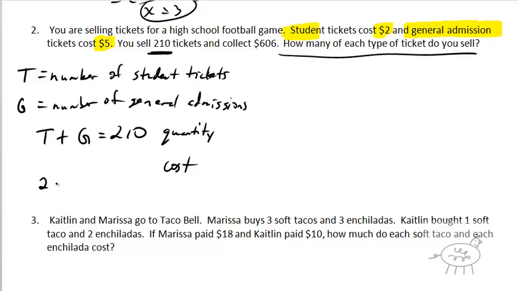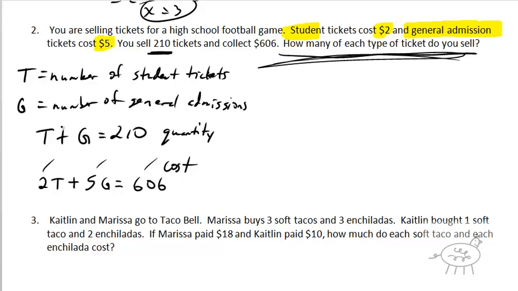It's $2 times the number of student tickets plus $5 times the general admission gives you $606. That's the setup. Alright? So again, this is my cost because it's got $2, $5, and $606. This is quantity because that's what the variable is, quantity. So it's number of student tickets plus number of general admission tickets, this is the number of tickets sold, 210 tickets.